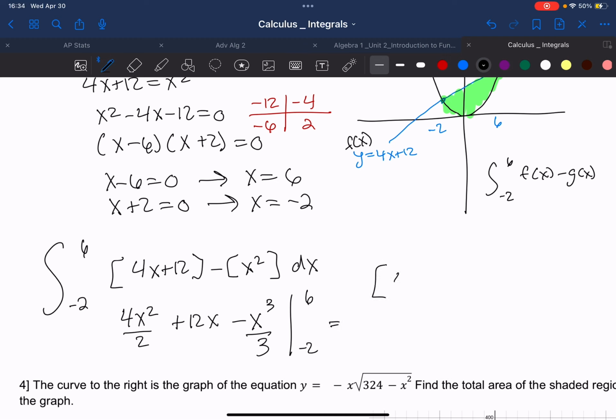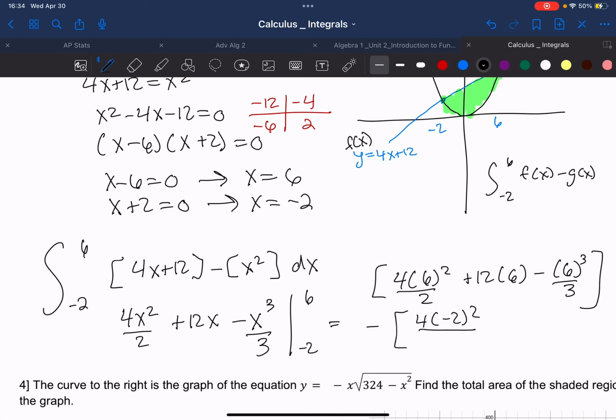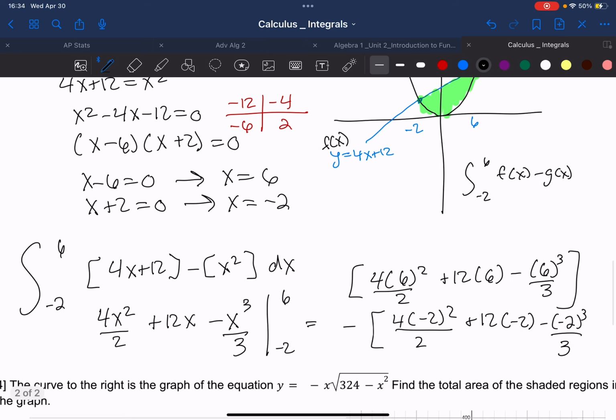This is equal to 4 times 6 squared divided by 2 plus 12 times 6 minus 6 cubed divided by 3 minus 4 times -2 squared divided by 2 plus 12 times -2 minus -2 cubed divided by 3. And I type this whole thing in my calculator exactly as is. I make sure everything is correct. And then when I press enter, I get 85.33.